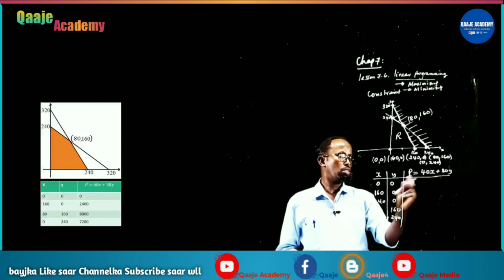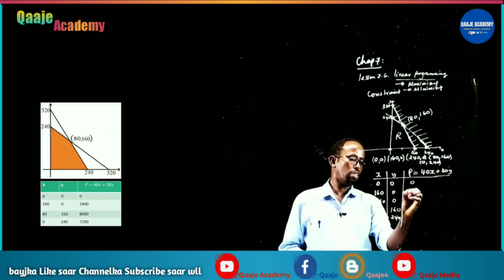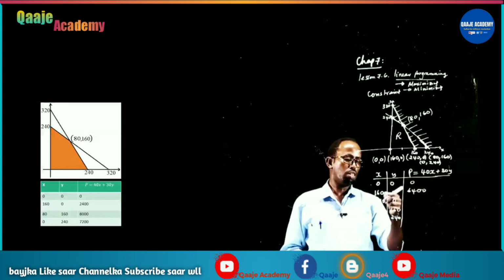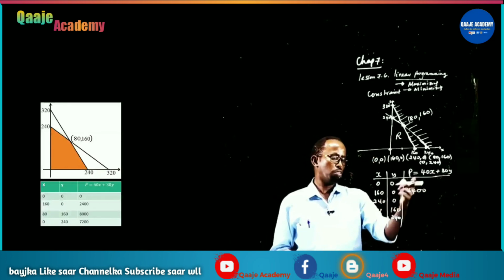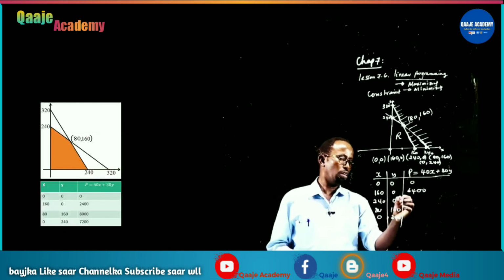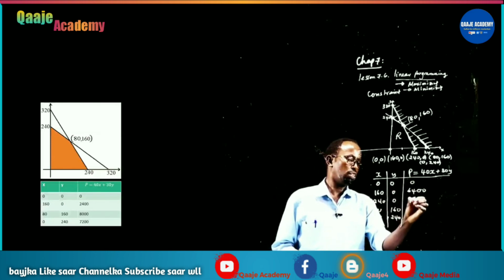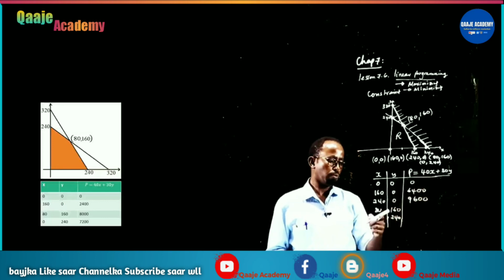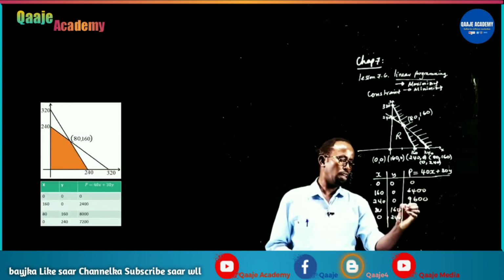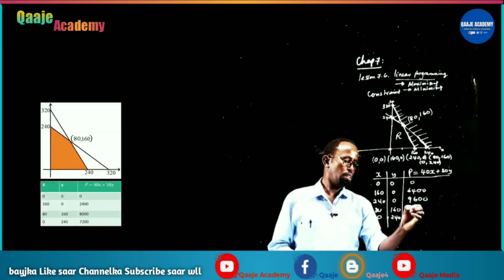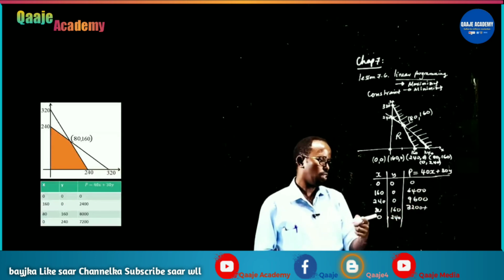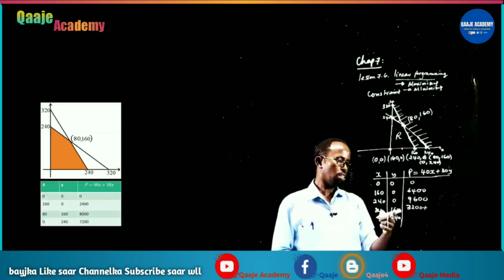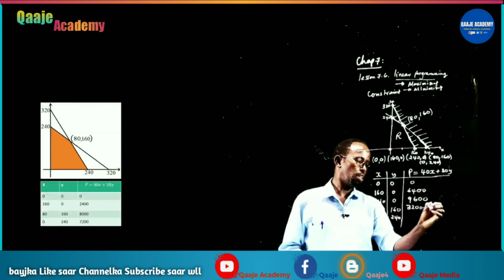So 0, 0, everything 0 here, you get 0. Put 160 times 40, that is 6400. This is 6400, because this one is 0, and if you multiply 30 by 0, you get 0. Then 240 times 30 is 7,200. For 80, 160, 80 times 40 is 3,200, and then you add 30 multiplied by 160, you get 4,800.